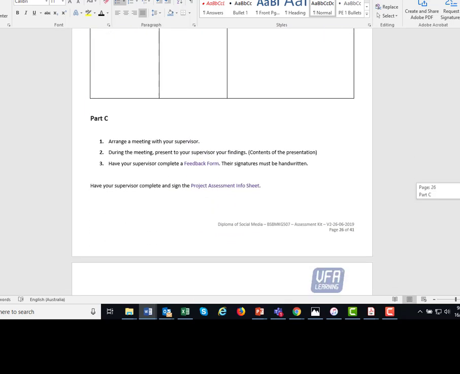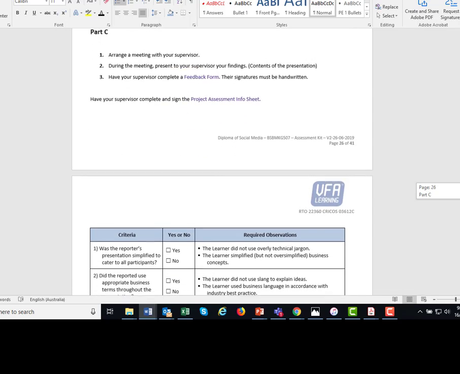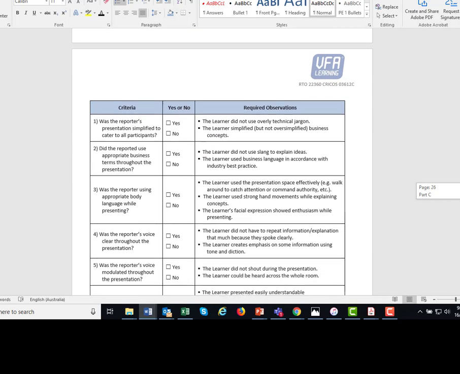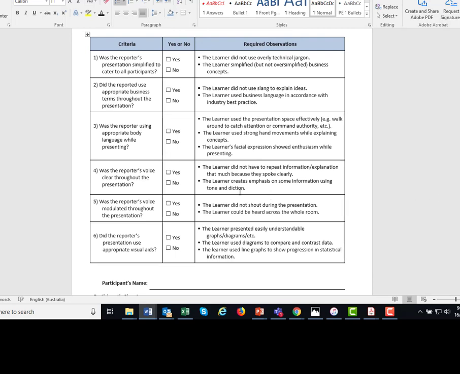Again, pretty straightforward. Then they need to arrange a meeting with their supervisor and present the PowerPoint presentation to them. Then the supervisor, which is you, has to fill in a feedback form as to how the presentation went.